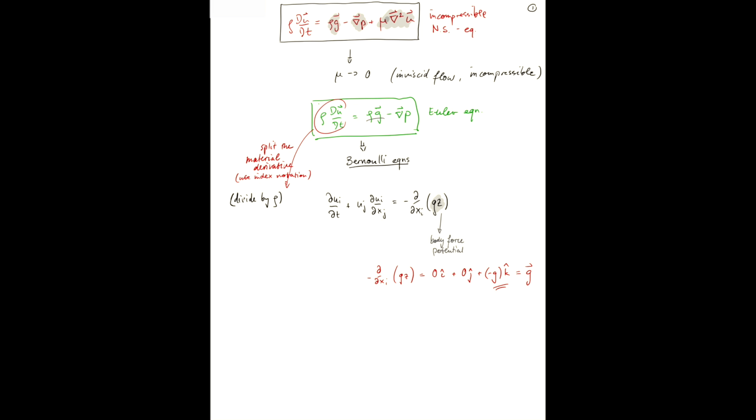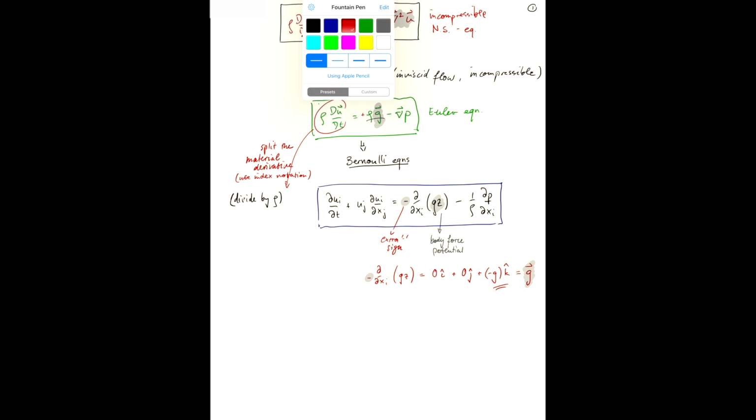And so that's how this term is equivalent to that g up here. Okay, finally we'll write the pressure gradient term as 1 over rho dp dxi. And so note that we have picked up an extra minus sign here relative to the Euler equation, which had a positive up here.